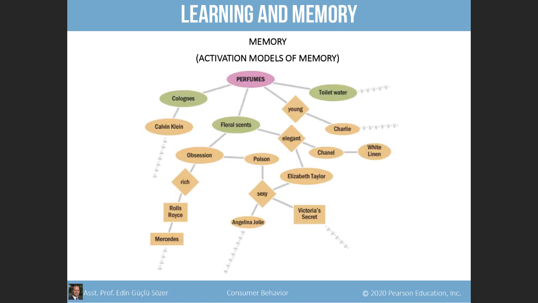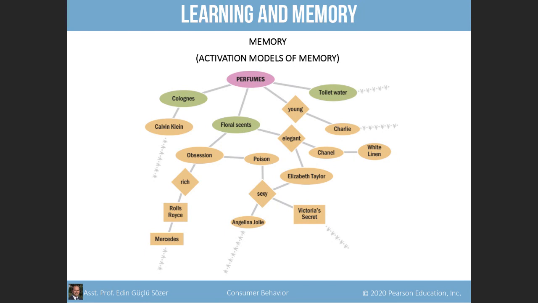For example, let's think I saw a perfume, and it attracted my attention. I recorded it to the short-term memory, and I further analyzed the perfume, smelled it, checked the price. I processed this information enough to trigger a deep processing, and then it was recorded to the long-term memory.